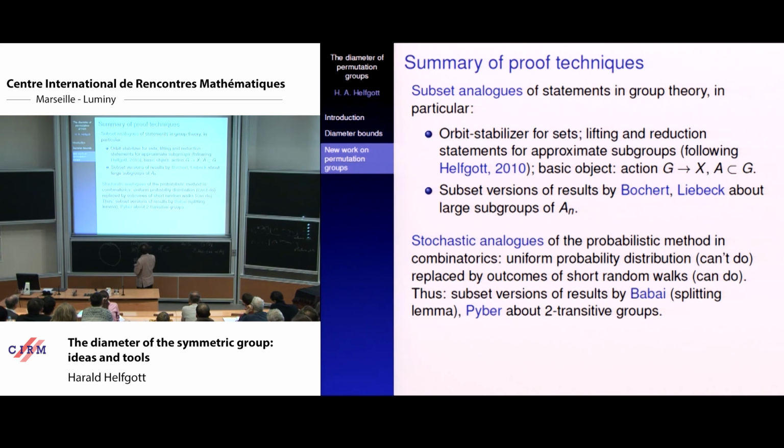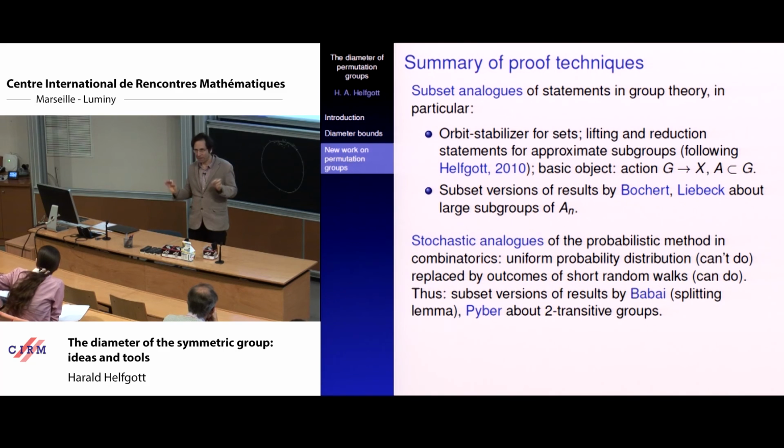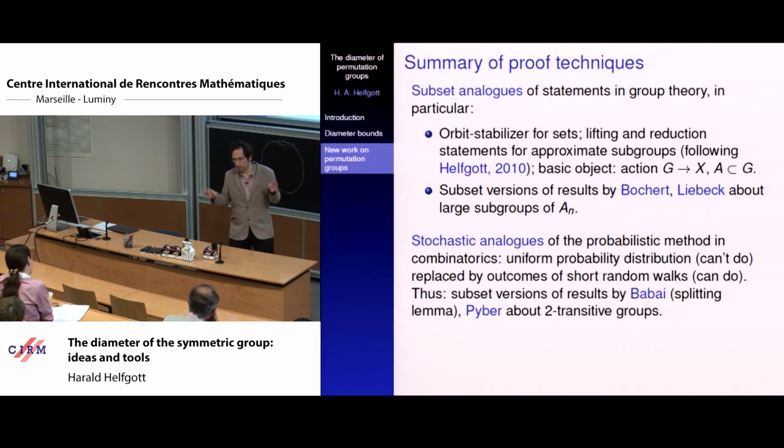And I should also say that I hope that, well, I mean, why am I keeping on working on permutation groups? Well, lots of people care a great deal about that, and I have grown to care about them. But it is also the case that I feel that once we simplify and conceptualize matters enough for permutation groups, we will finally be able, I hope, to make progress in the case of unbounded rank for linear groups.